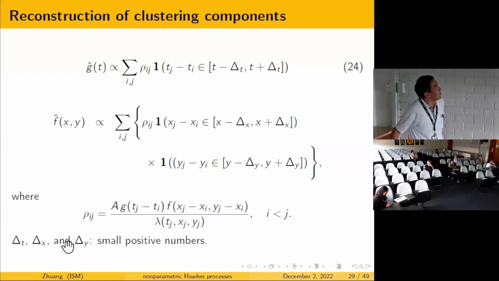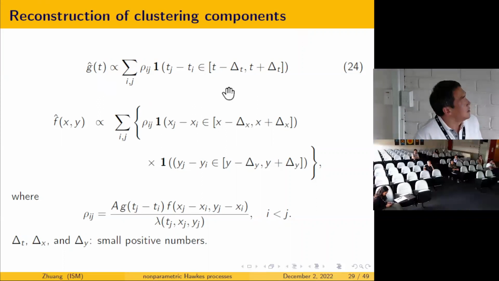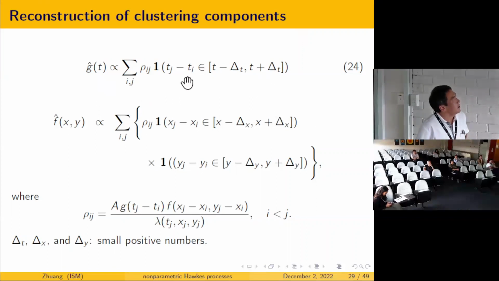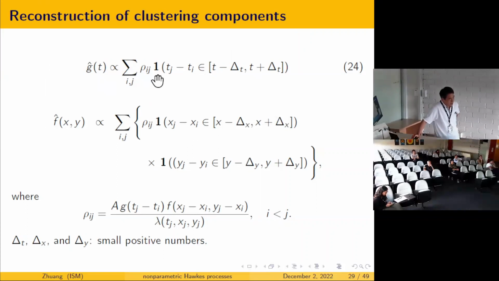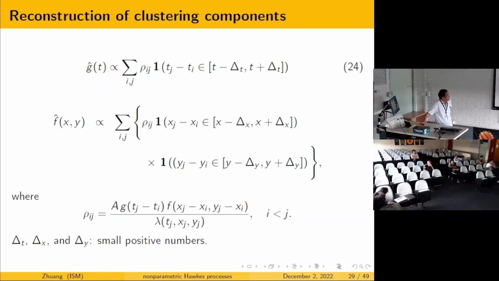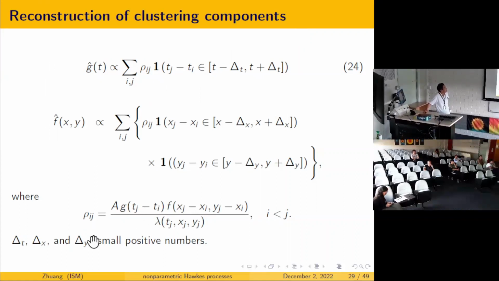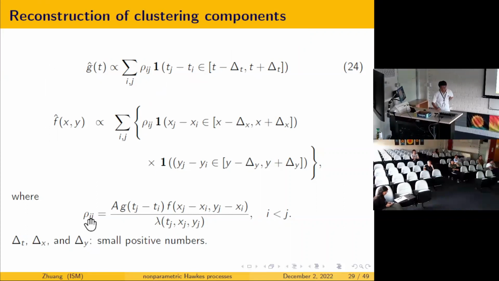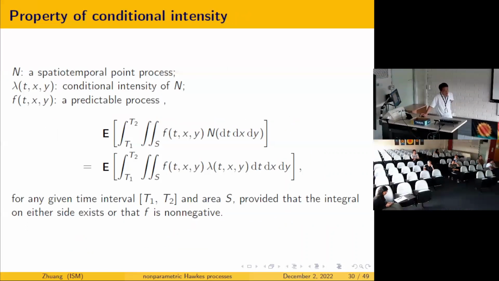So for G and F, those histogram estimates were already known in Martian Lin-Yin's paper, and Ij here is a probability, with J being the parent of I. So this is already known, but what happens if we try to estimate the theoretical part? Then we make use of this formula.